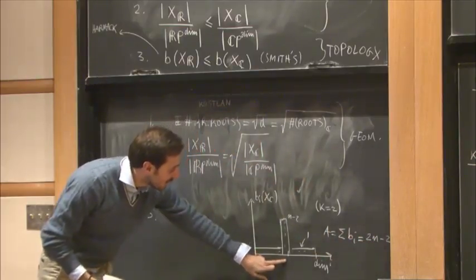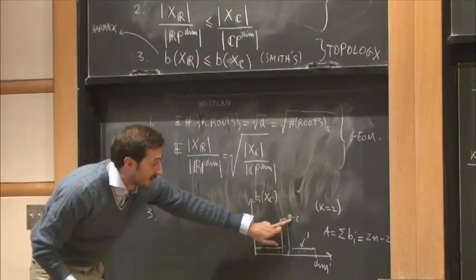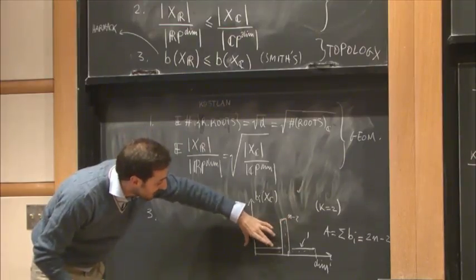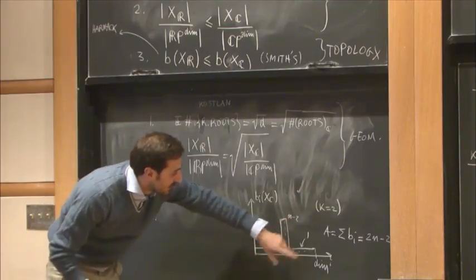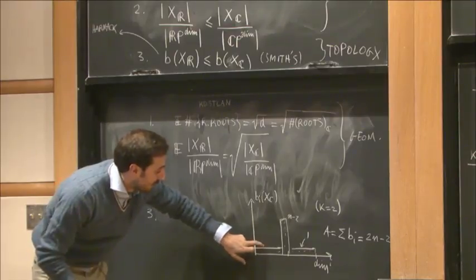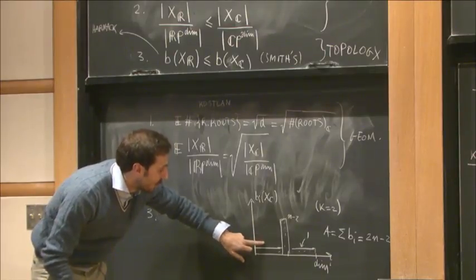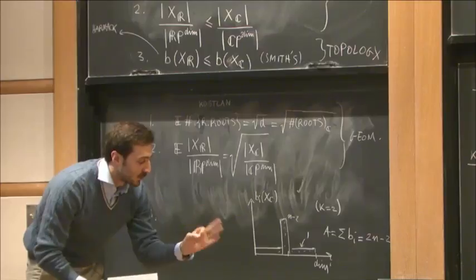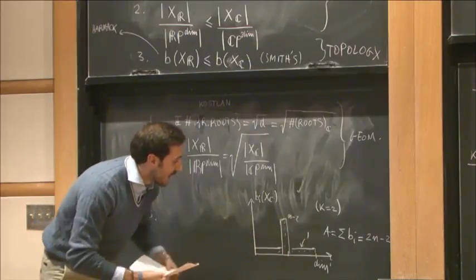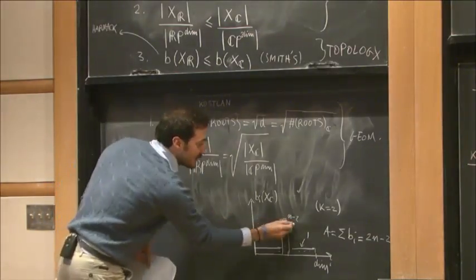The middle one is the biggest, n minus 2, and aside from the middle, they're all ones. So it's connected. b1 is 1, so there is just one independent loop, and so on. And then all the complexity happens in the middle.